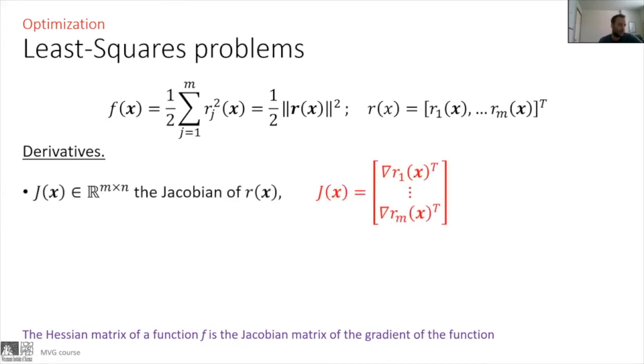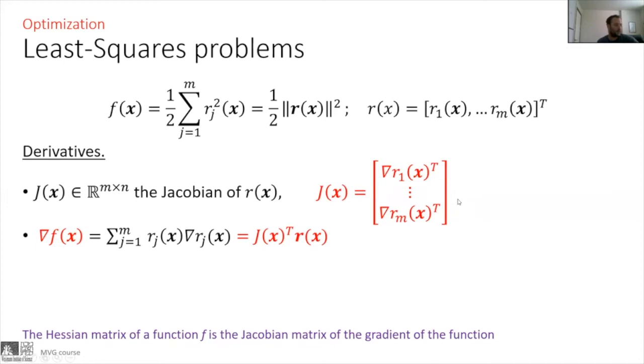And just to see how we can take advantage of this, we will compute derivatives. We'll do it briefly. The Jacobian of the function R of x, which is a vectorized function from Rn to Rm, has the form of the gradient of each R. It's just a matrix where each row is the gradient of one residual.